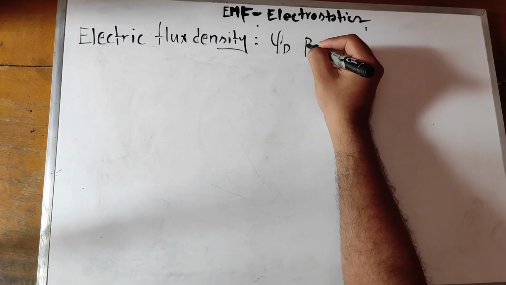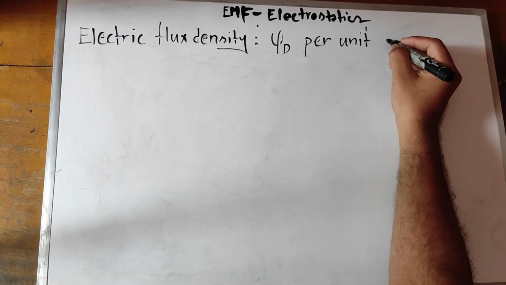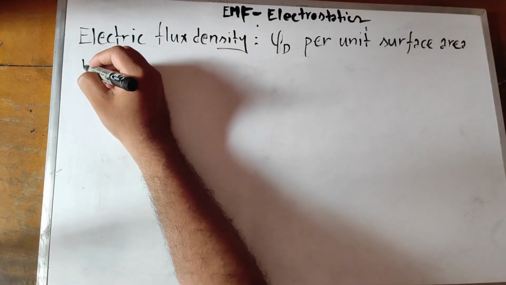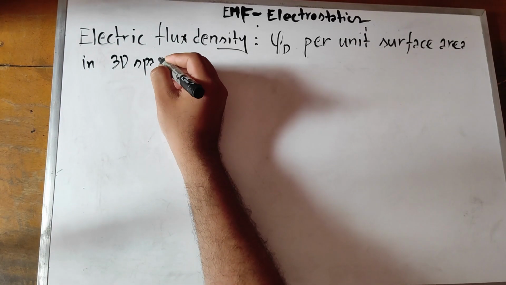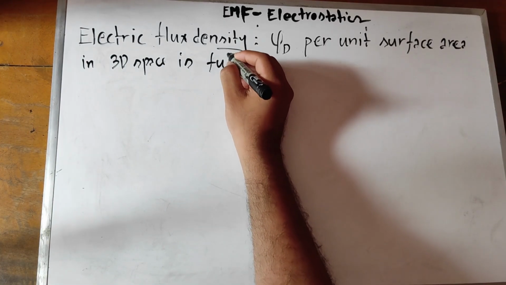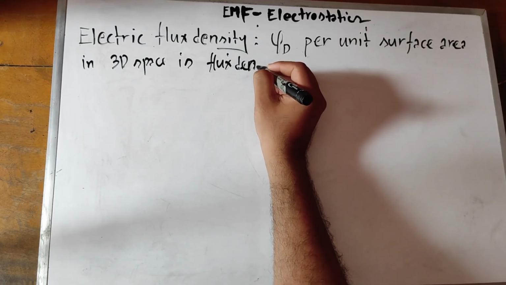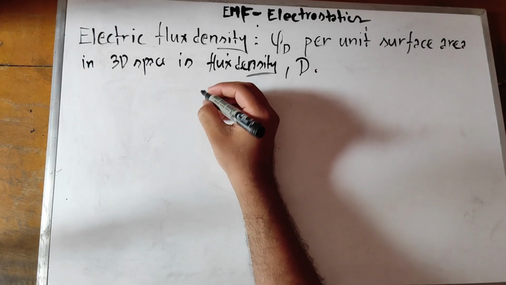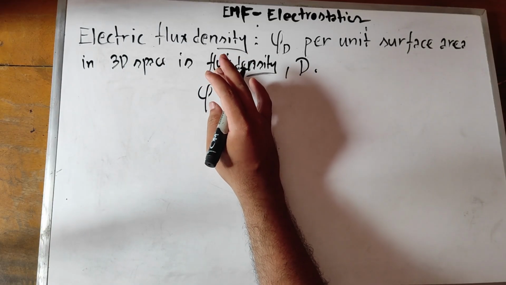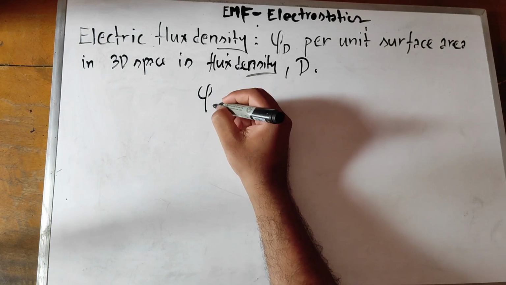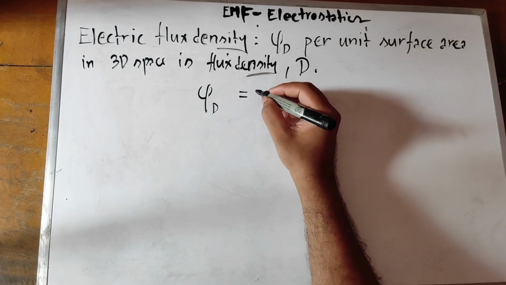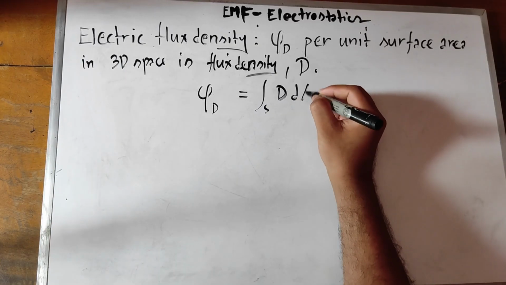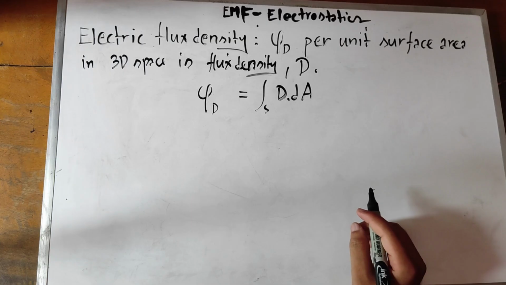Electric flux Phi D per unit surface area in 3D space is flux density D. So electric flux can be expressed in terms of flux density, electric flux density.